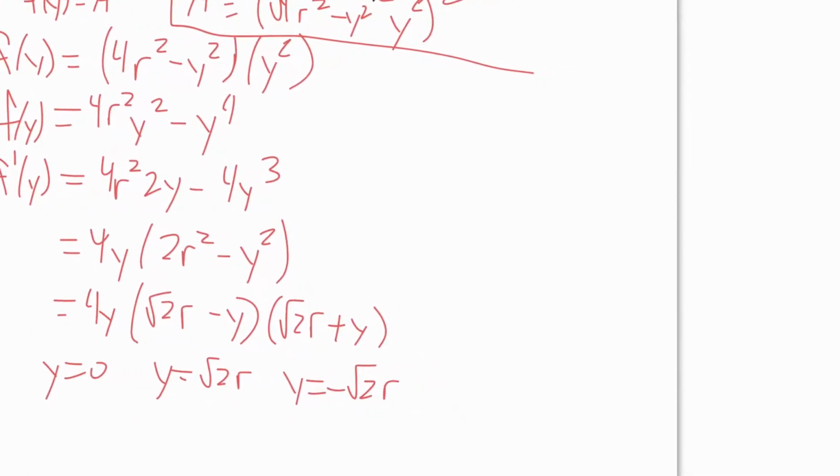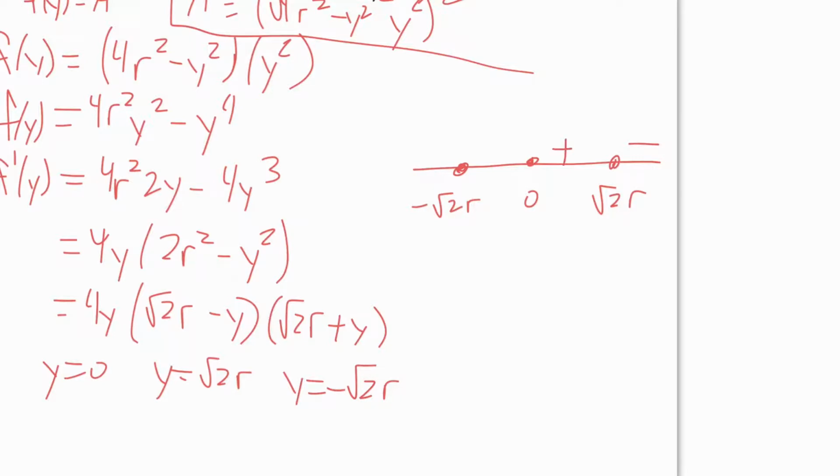So let's put those in a sign diagram. So we've got 0, we've got root 2r, and we've got negative root 2r. So this will give us, well, notice that negative on the y, so we're going to have a negative sign over here, because when you put in a big value, this will be positive, but this will be negative, so negative times positive is negative.